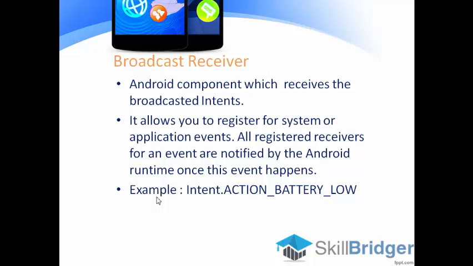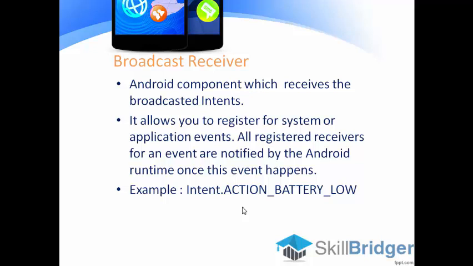If that broadcast receiver is registered for the action battery low, meaning the low battery event, then whenever low battery happens, your Android system will intimate your application saying that there is a low battery. It is very simple. If you want to listen to something, first you have to intimate the phone or your Android system that you want to listen to this.